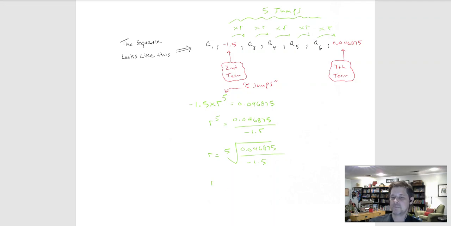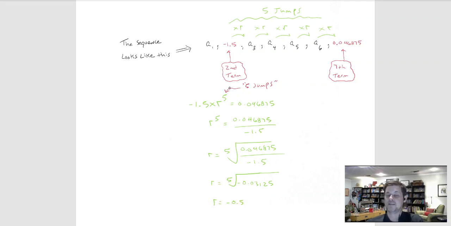To do this in steps, and I'm doing this in steps because that's what some people need to see, the number in there is negative 0.03125. And then I'm going to take the fifth root of that, which I also do in my calculator, and I get negative 0.5. r is equal to negative 0.5. It looked like it was going to be complicated with these numbers, but the fifth root of this is negative 0.5.